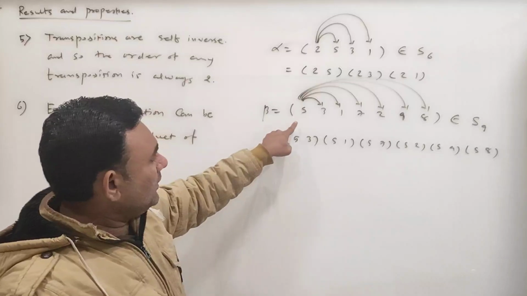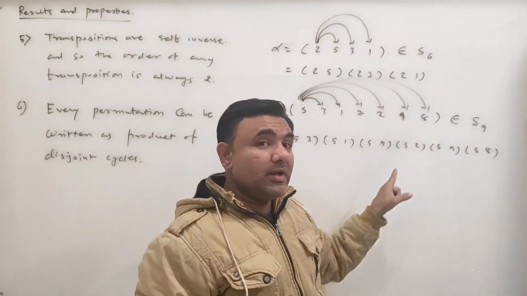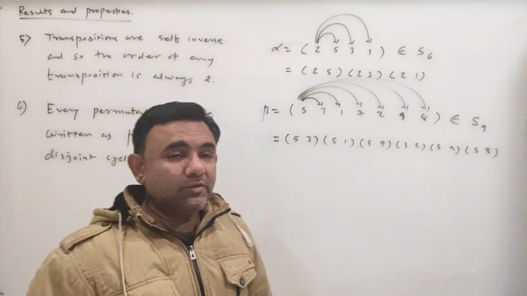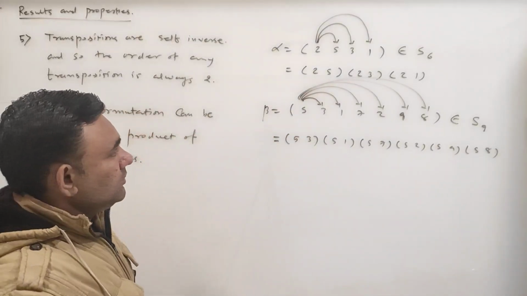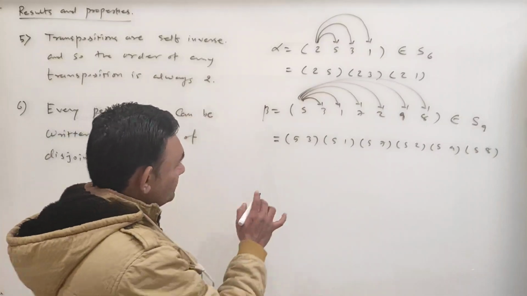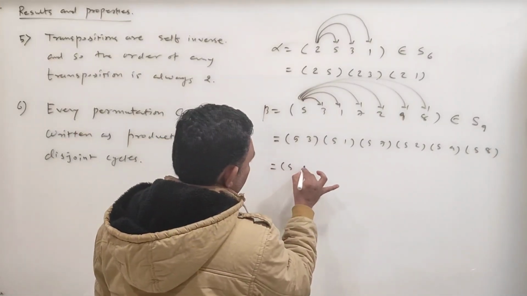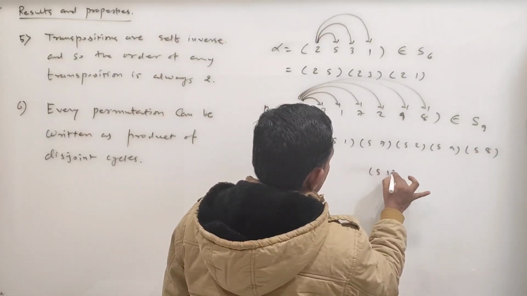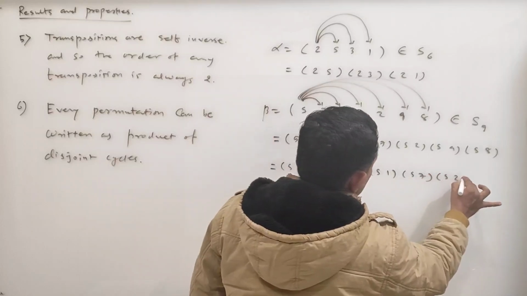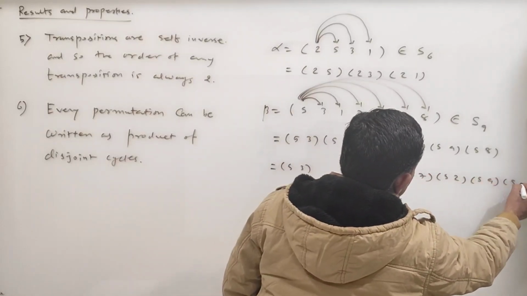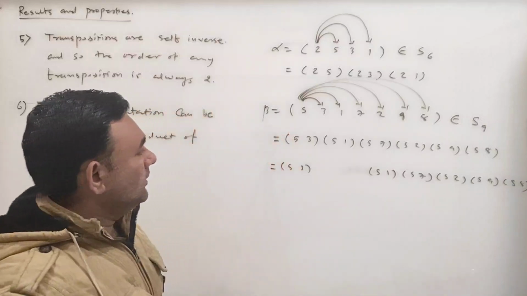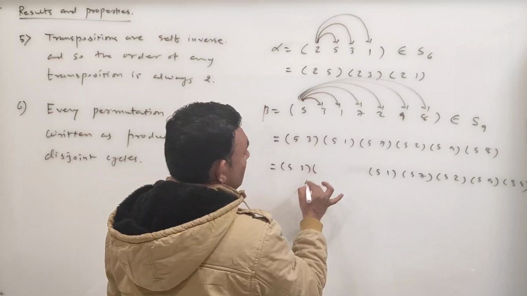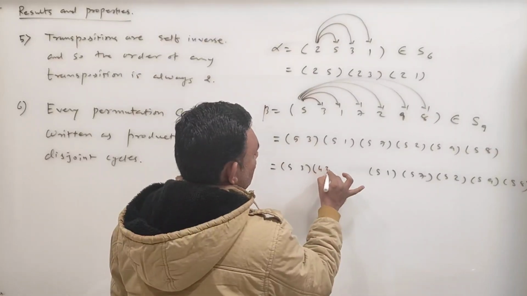But what we can do, any cycle can be written as product of transposition. Okay, तो अब मैं क्या करता हूँ, see, ये जो मेरा (5 3) और ये (5 1), (5 1)(5 7)(5 2)(5 9) and (5 8), correct? Between (5 3) and (5 1) I am writing (4 2).